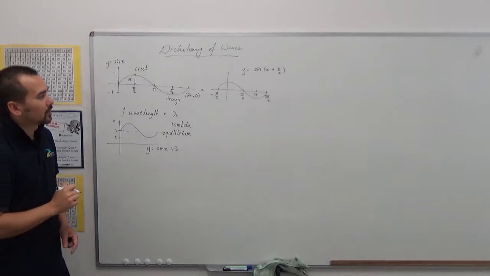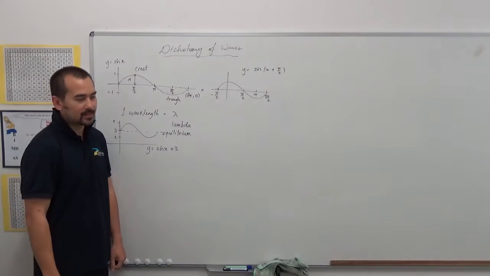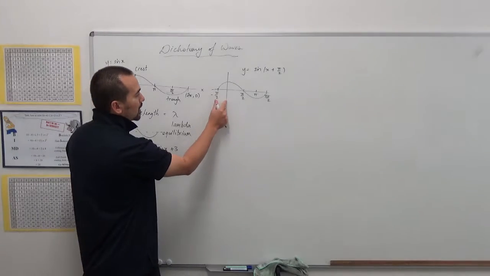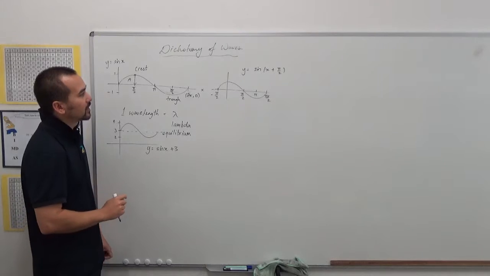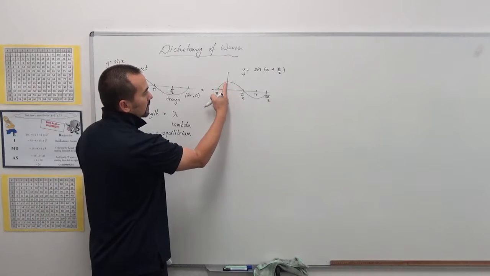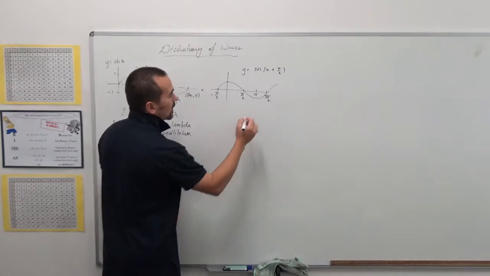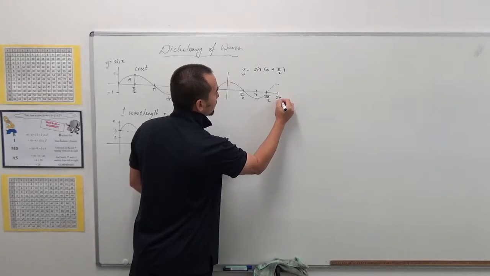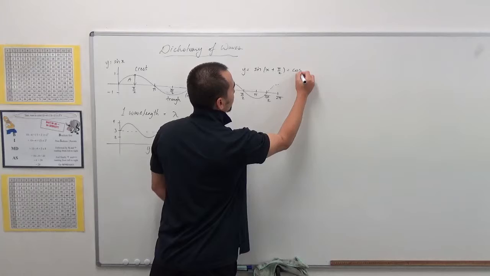Now, is the wavelength still 2 pi? Yes, it still is. If I add pi on 2 to 3 pi on 2, I can see that's still 2 pi. And you know that when the graph starts there and finishes here at 2 pi, that is called the cosine graph, cosine x.